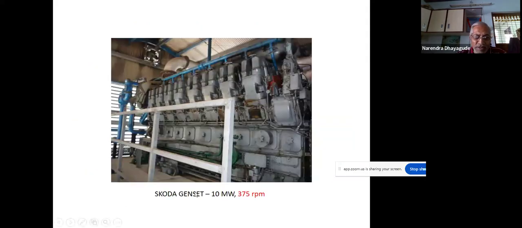So this is a Skoda genset. This is 10 megawatt, and this is 375 RPM. So 10 megawatt, 375 RPM, and 10 megawatt, 1500 RPM engines. Of course, in the larger sizes, higher speed engines are not there, but as a comparison, we can see here.